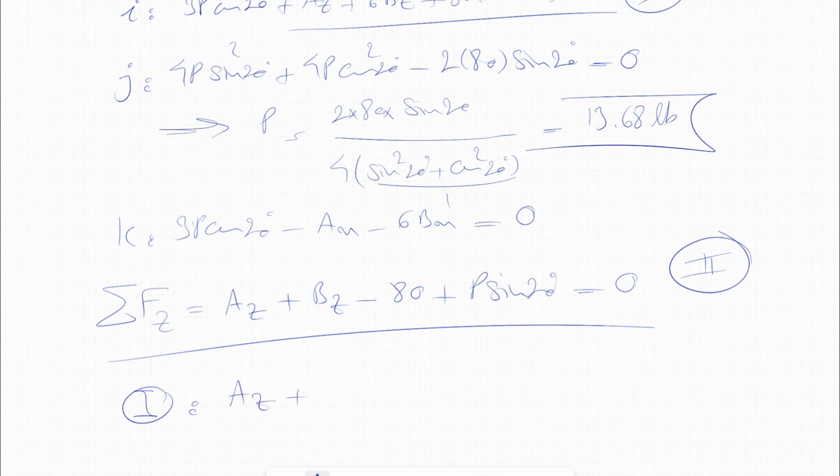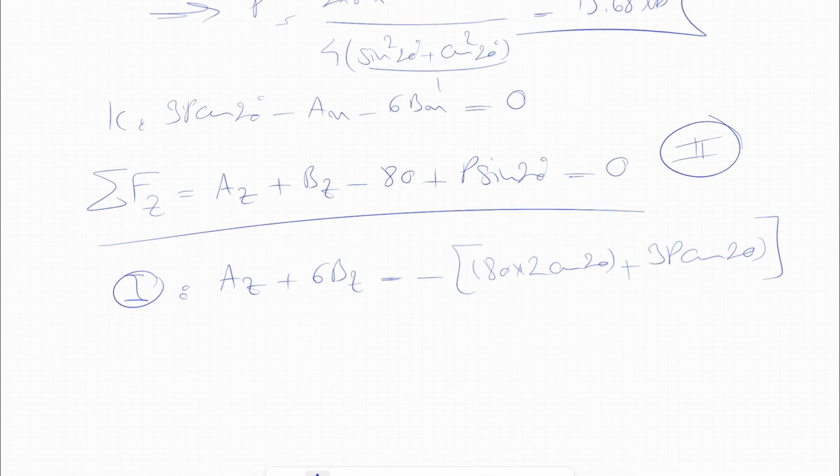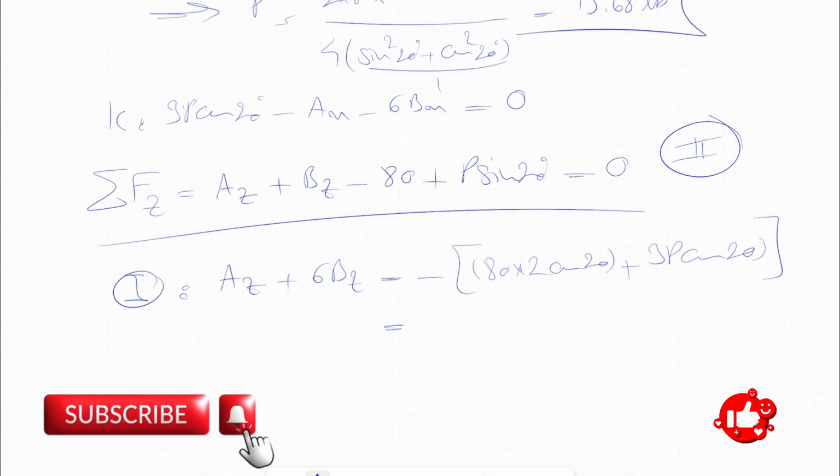And how we're going to solve this? From the first equation, we'll have AZ plus 6BZ equal minus 80 times 2 cosine of 20, actually plus 3P cosine of 20 degrees.